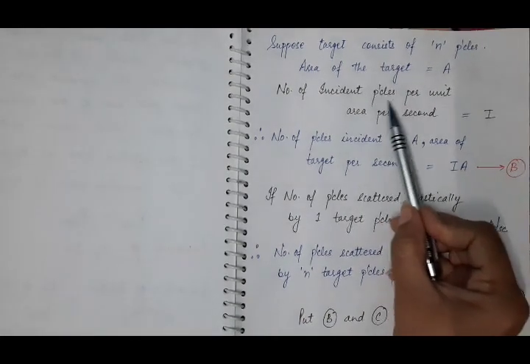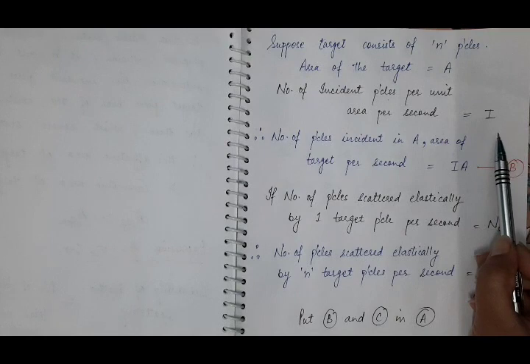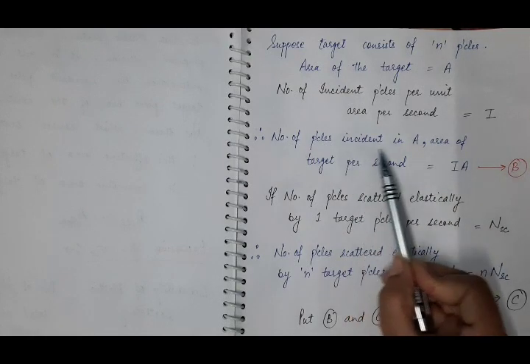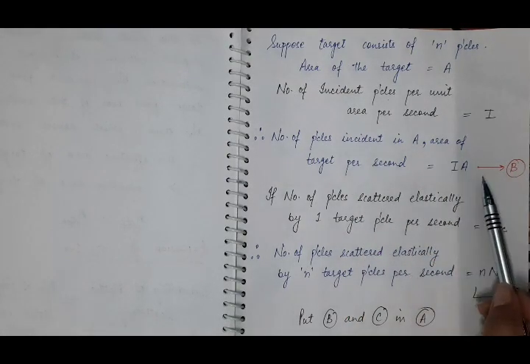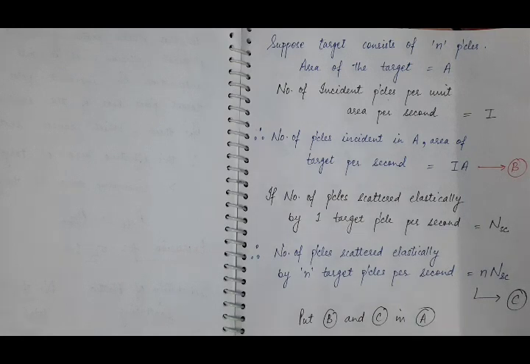So the number of incident particles in unit area is I per second, and in A area per second will be I into A. So this is all about the number of incident particles in A area of the target per second. Suppose this is equation B.